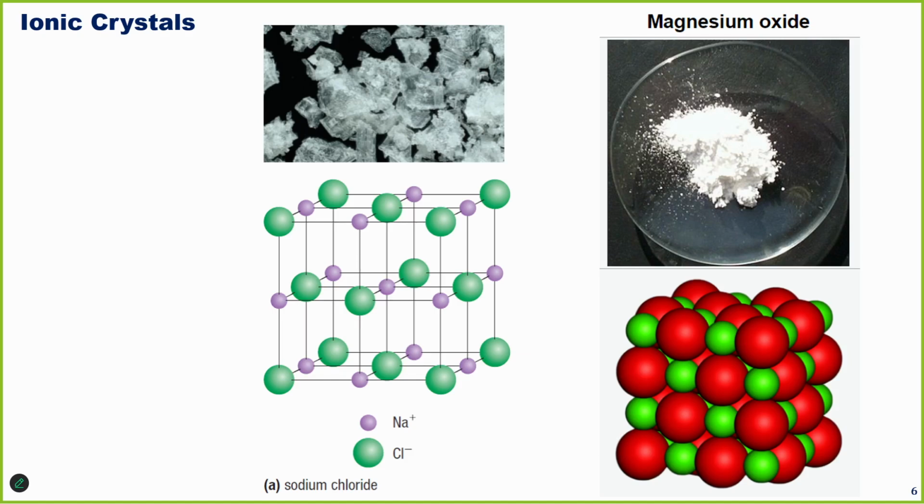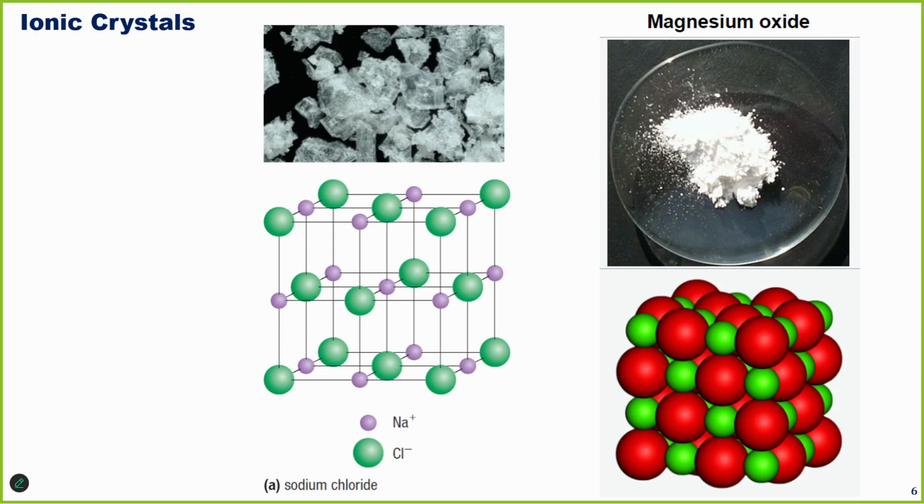The ions arrange in a crystal lattice with alternating packing of the positive and negative ions, which is shown here in figure 2a. Many of the physical properties of sodium chloride are also characteristic of other ionic crystals.